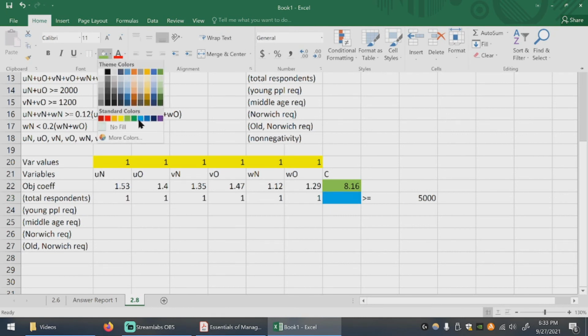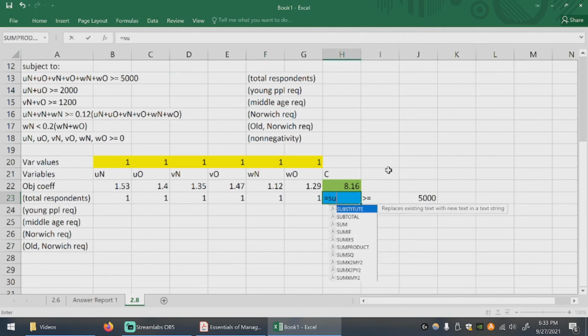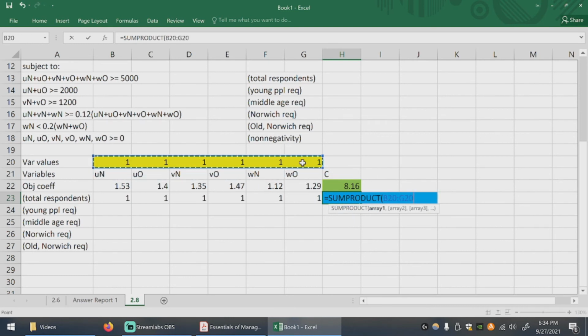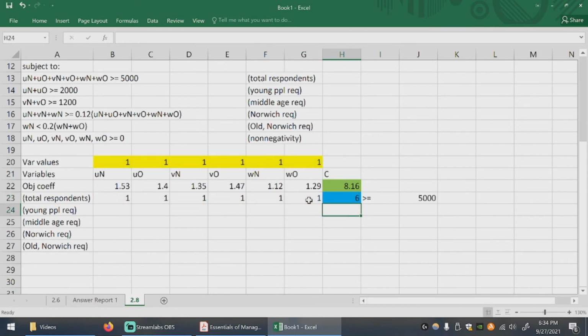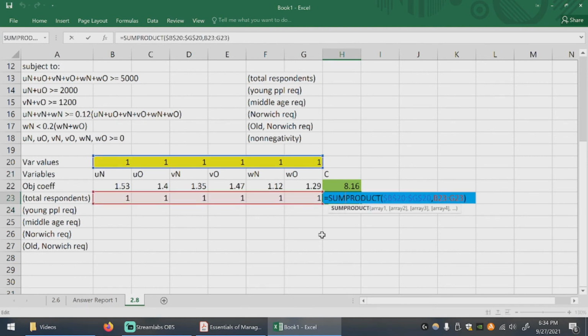Blue. I'm looking for blue. Maybe this time I want to just sum product it. Whoops, no, sum product, not some product. I want to put that guy and fix it with this guy and not fix it. Show you again. Pause there if you want to.